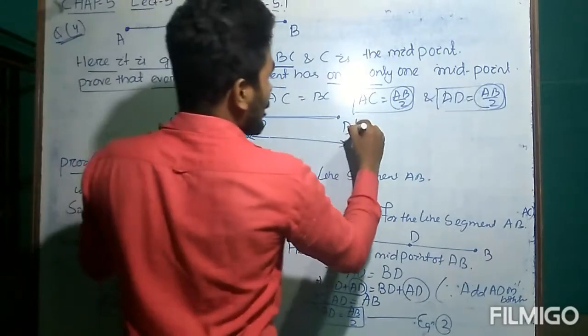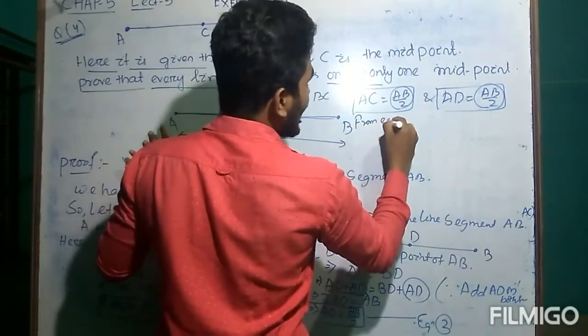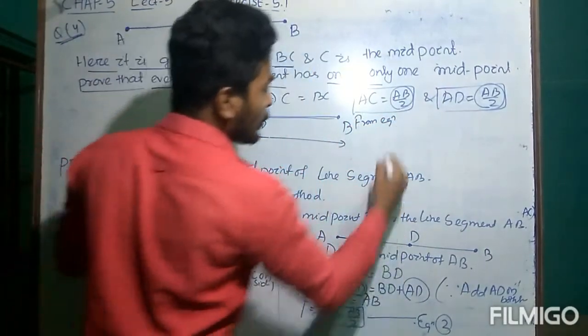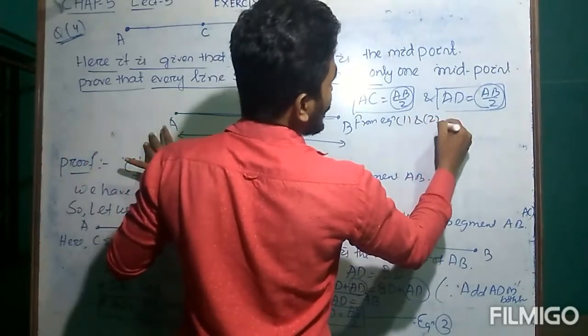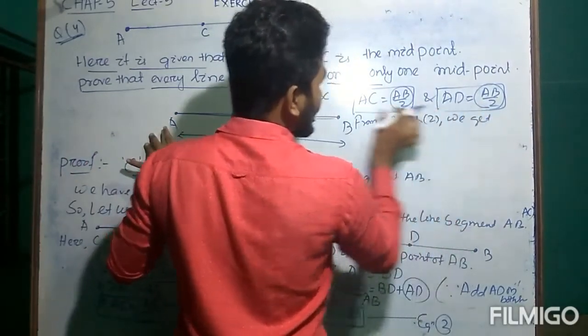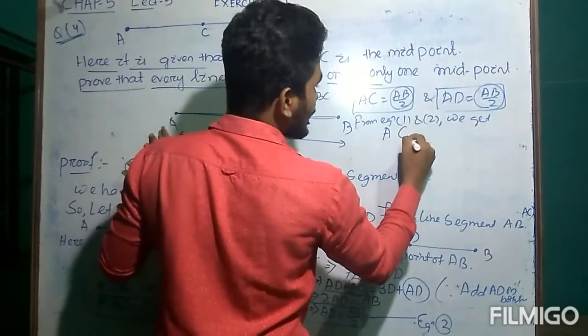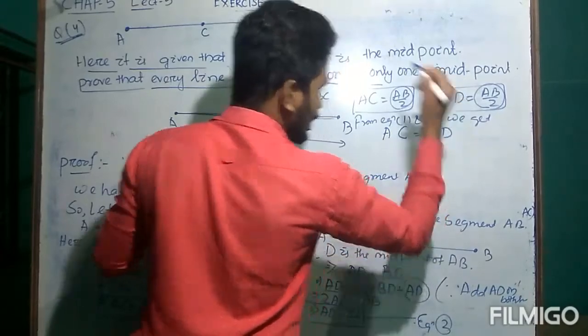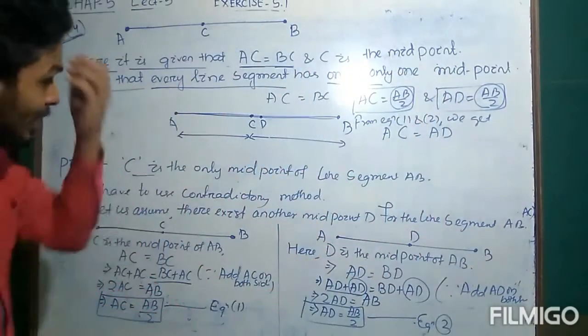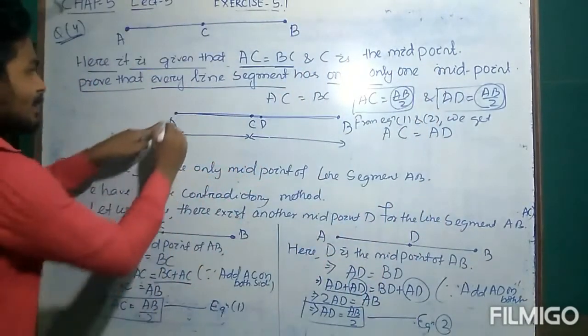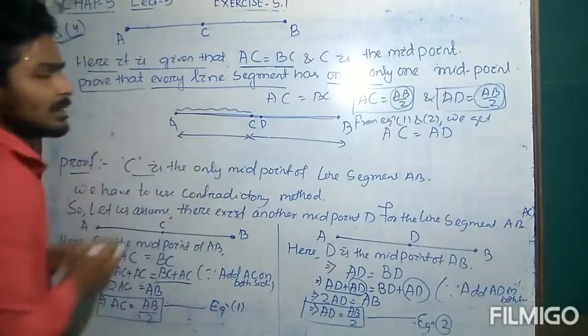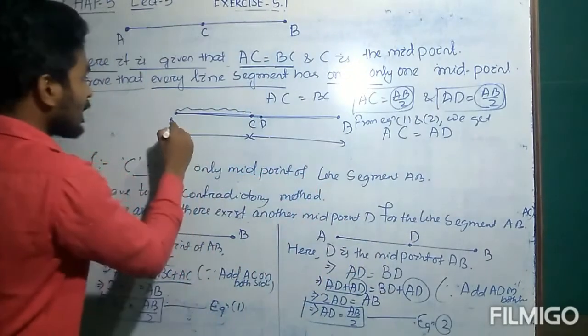So from equation 1 and 2, what do we get? The left hand sides are equal: AC is equal to AD. So the length of AC, this length, is equal to the length of AD.